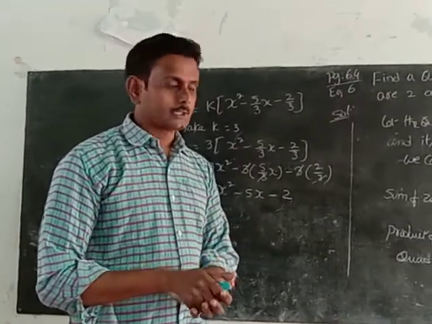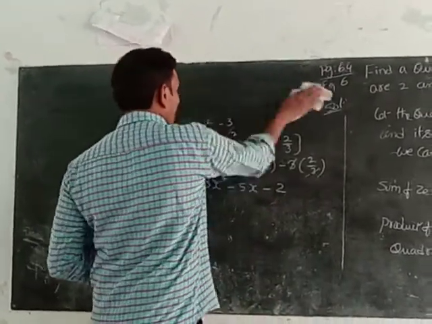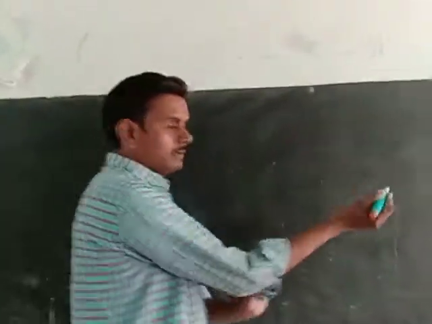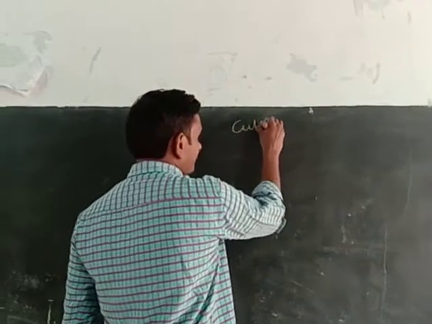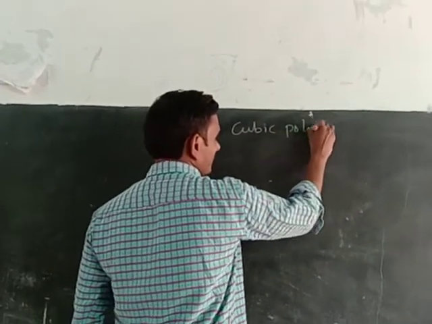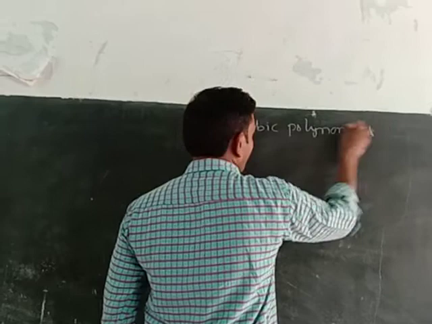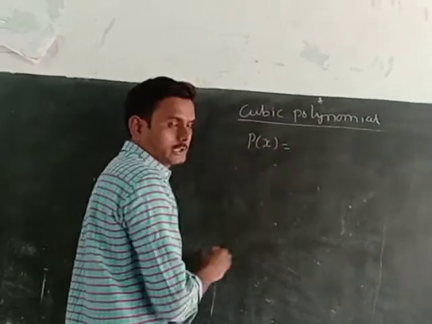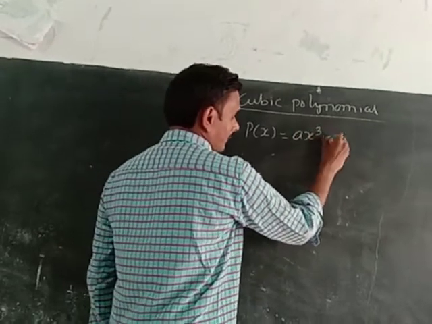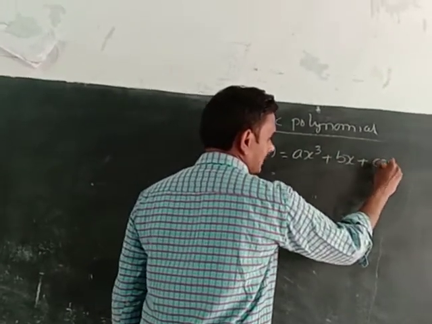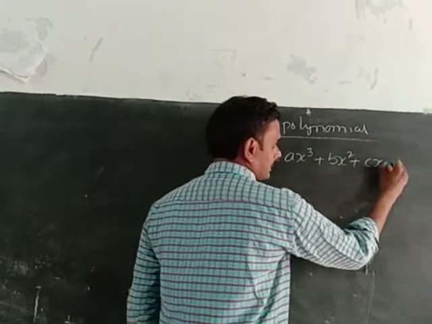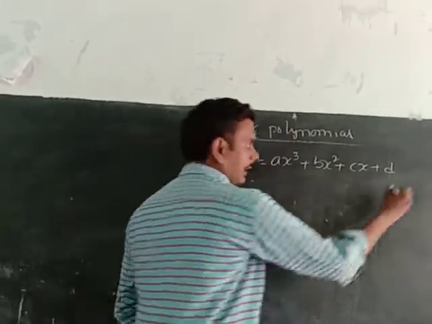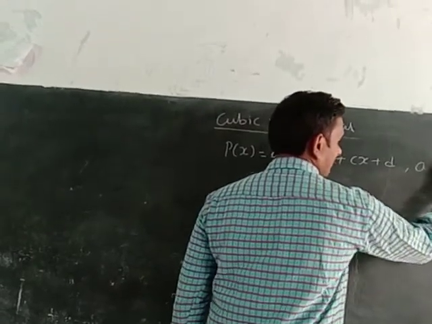What is the basic form of the cubic polynomial in variable x? p of x equal to ax cube plus bx square plus cx plus d, where a, b, c, d are real coefficients and a is not equal to 0.